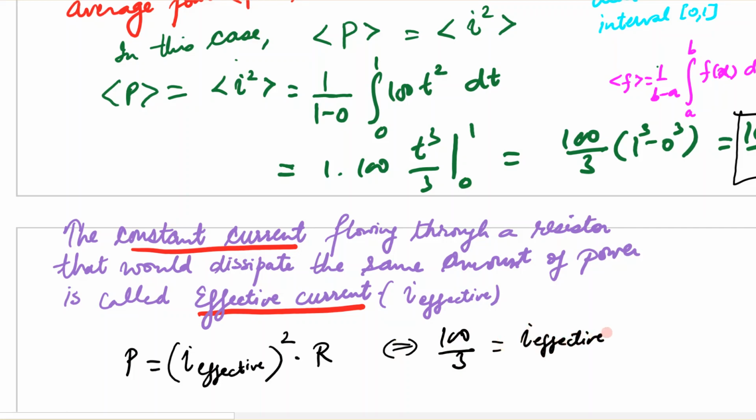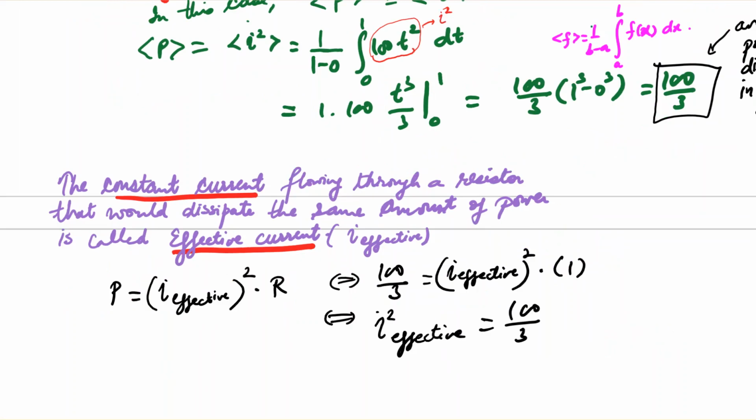I'm just writing the effective current squared times R, where resistance is 1 ohm. From here we found that the square of the effective current is 100 over 3, or in other words, effective current is equal to the square root of 100 over 3.